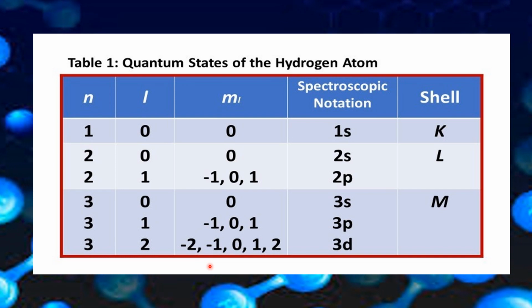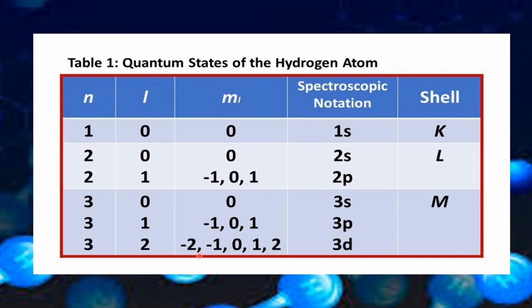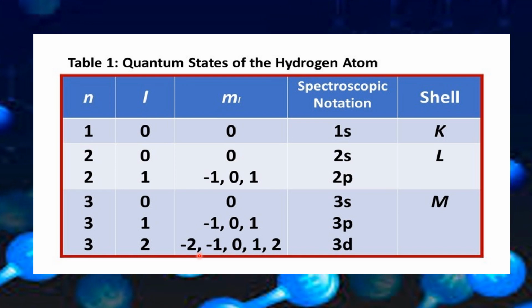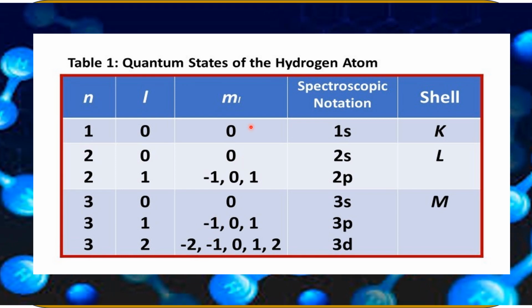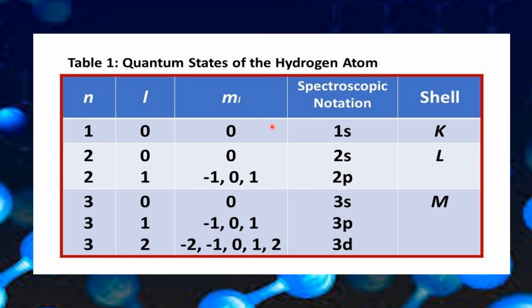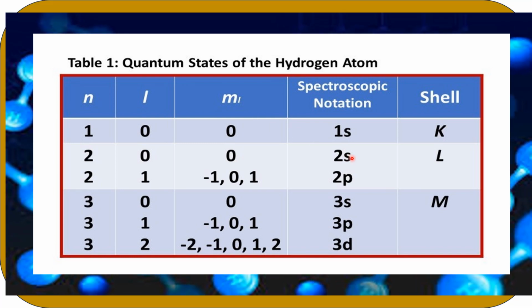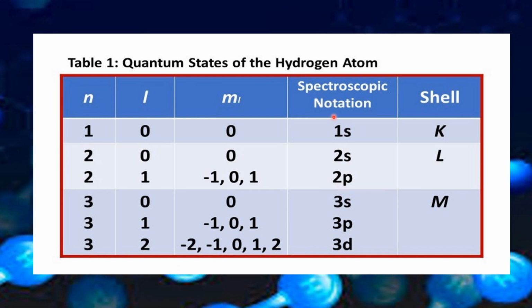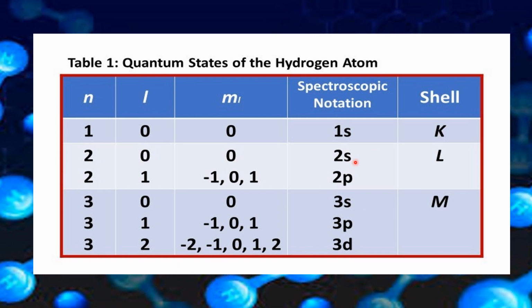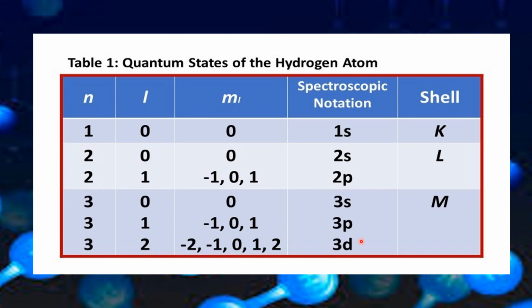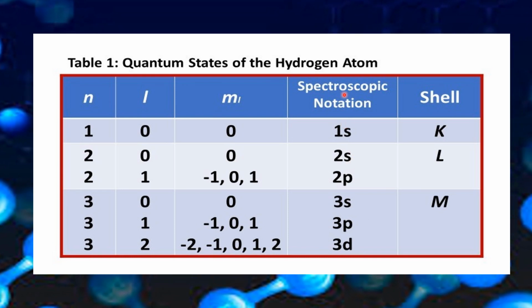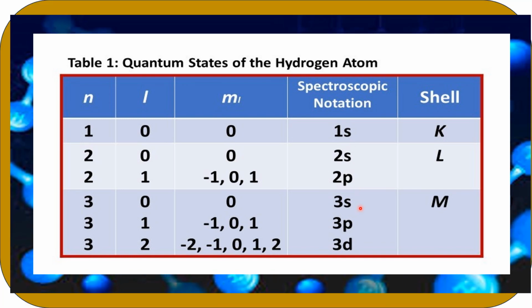And in the third column, we have the magnetic quantum number, denoted by small letter m sub l. And in the fourth column, we have the spectroscopic notation, 1s, 2s, 2p, 3s, 3p, 3d.